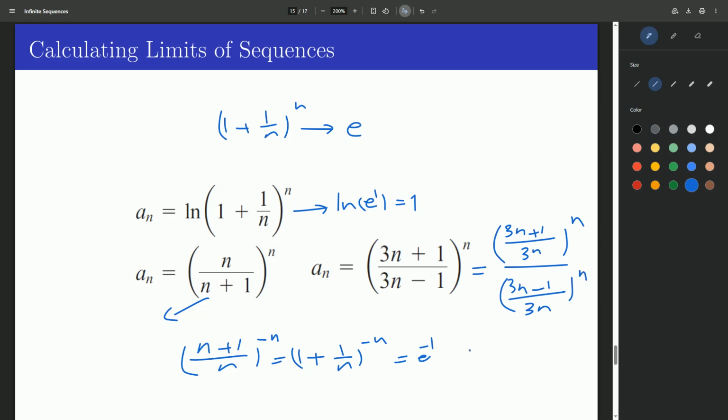Now, if we rewrite this, in the numerator, I'm going to have (1 plus 1/3 over n) to the n. And here also, we are going to have (1 plus 1/3 over n), but this is to the minus n. Now, the numerator approaches e to the 1/3, the denominator e to the minus 1/3. So we have e to the 1/3 divided by e to the minus 1/3, or e to the 2 over 3.